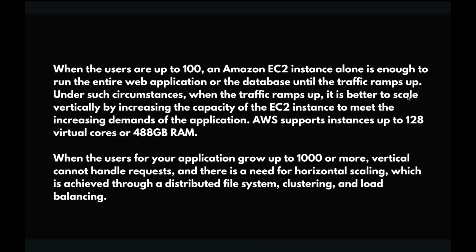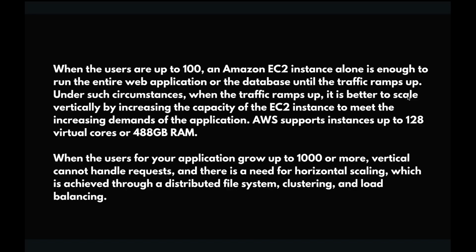Under such circumstances, when the traffic ramps up, it is better to scale vertically by increasing the capacity of the EC2 instance to meet the increasing demand. AWS supports instances up to 128 virtual cores and 488 GB of RAM. As we discussed, let's say a particular instance type can handle only 100 users. Now instead of adding more machines, we can simply increase the instance type of the EC2.